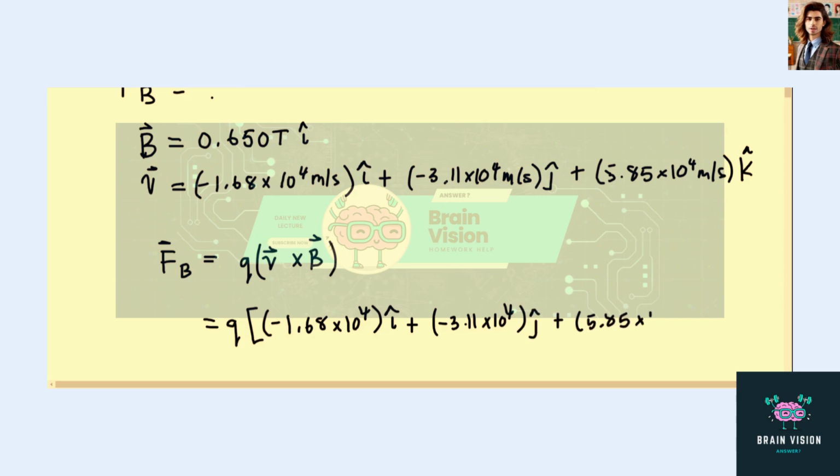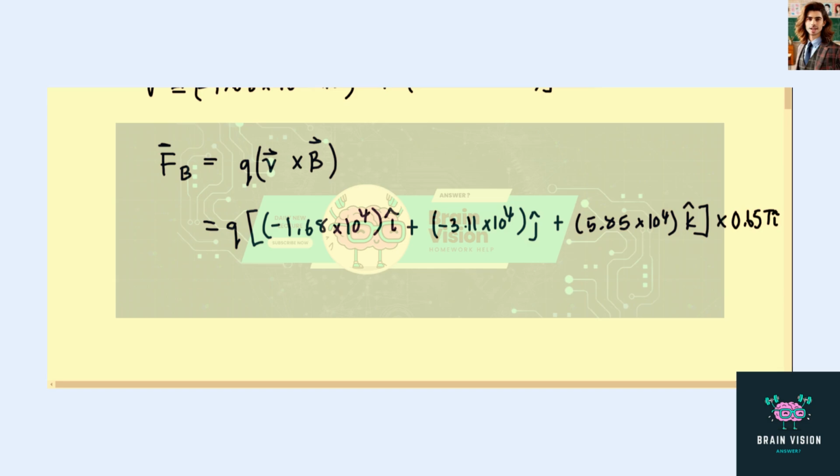Okay, and then that is crossed with the B field, so 0.65 Teslas I hat. So what happens here when you do the cross product, you can just distribute the cross product in here, right? So you're going to get Q, and then the first thing will be negative 1.68 times 10 to the 4 times the magnitude of the B field, and then that's going to be I hat cross I hat, right?